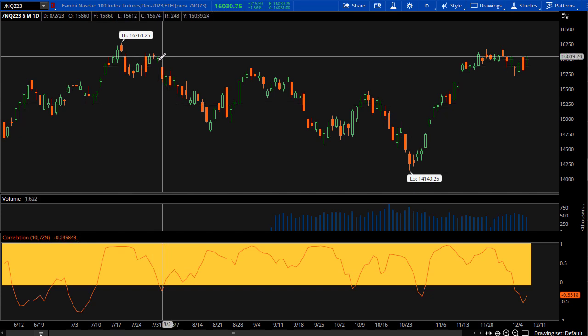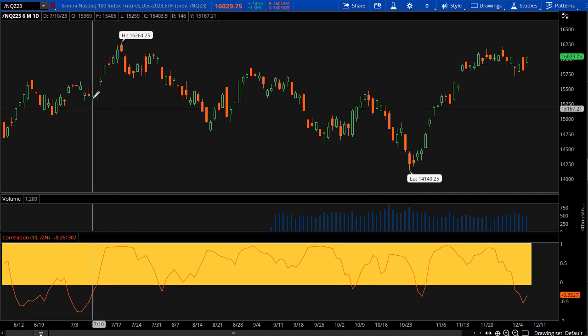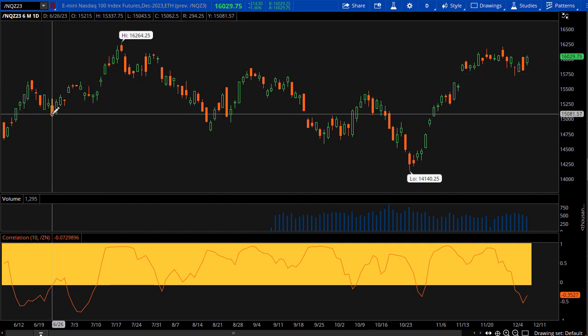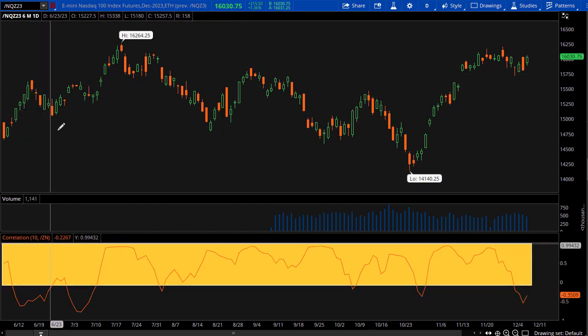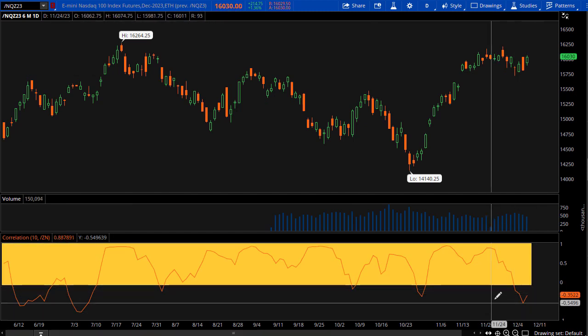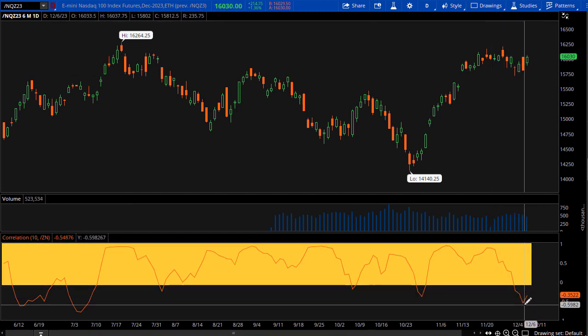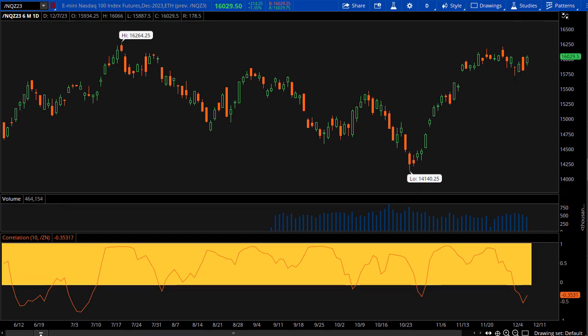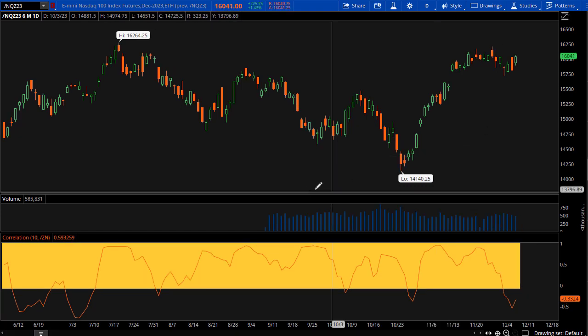That was a little weaker, but still a lower high. That was a pullback of 3.5%. This was a pullback of 6.5%. And even as it dipped back down, it called the bottom before it turned back up. So the decoupling, the correlation, when it is disrupted from what it normally is, is also an indication that you should be looking for a corrective move to get you back in line with historic correlations.